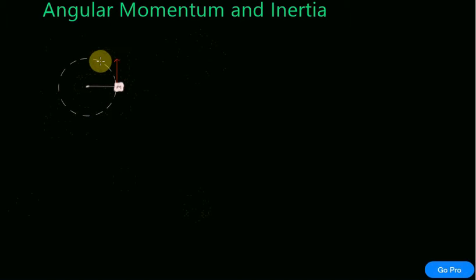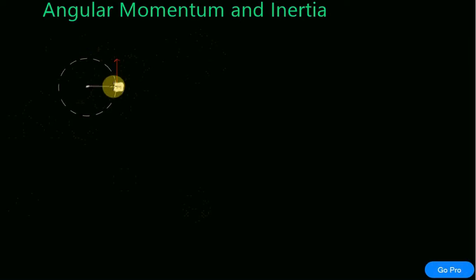So when it rotates from where it is currently to over here, its velocity will still be tangential to its path. That should be fairly straightforward.